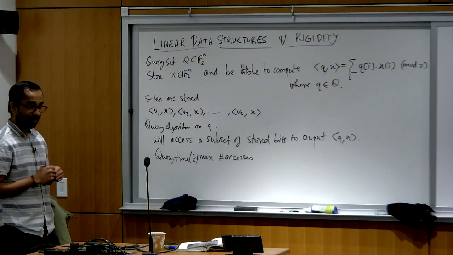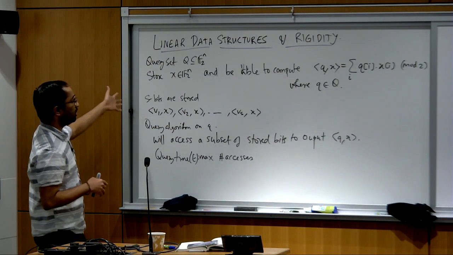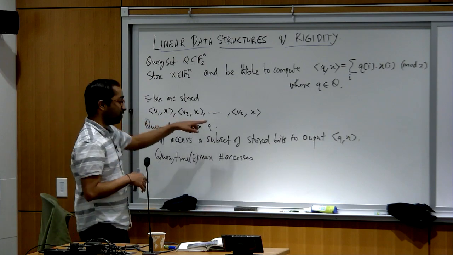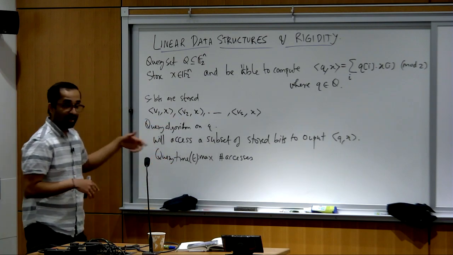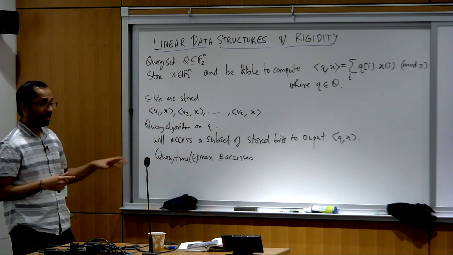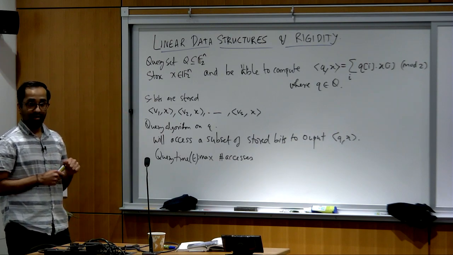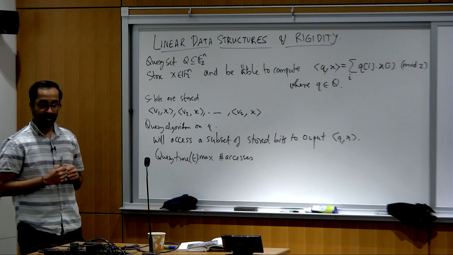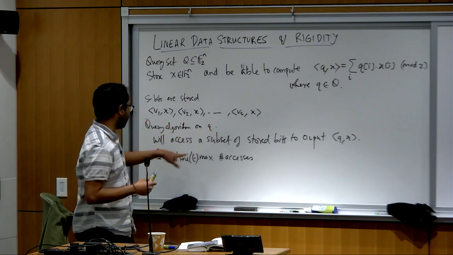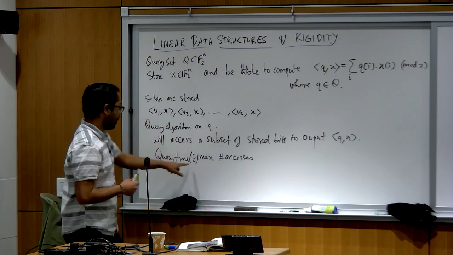Yes, you're only allowed to take inner products, and that's all you can store. This has also been studied in a more general model where you can store arbitrary functions, where each bit is an arbitrary function and not just linear. But for this talk, I'm just going to think about linear. So the problem is clear, and we want to understand the trade-off between s and t.